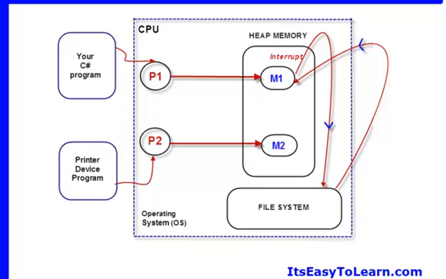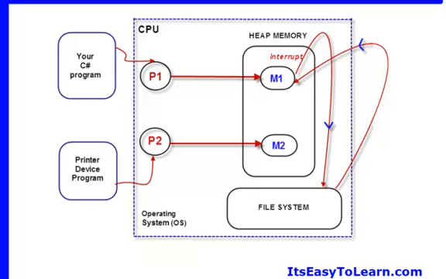Please get this very clear again. Whenever you do a read on a file, on a stream, the file exists in the file system. The operating system copies the contents of the file and places them into memory area M1, and only then can your program process read from the memory area M1.